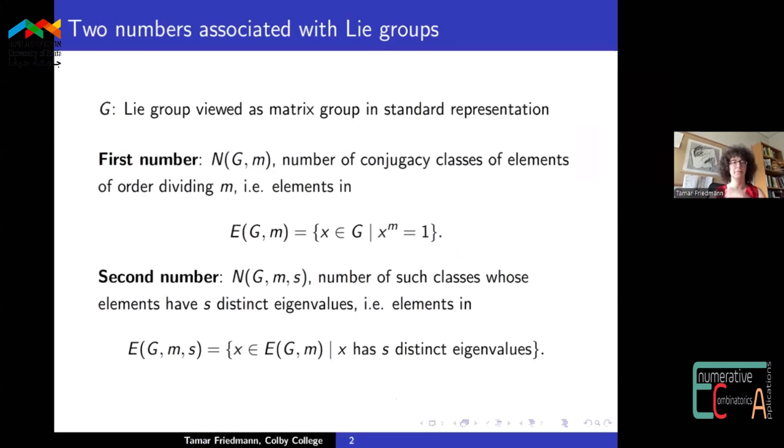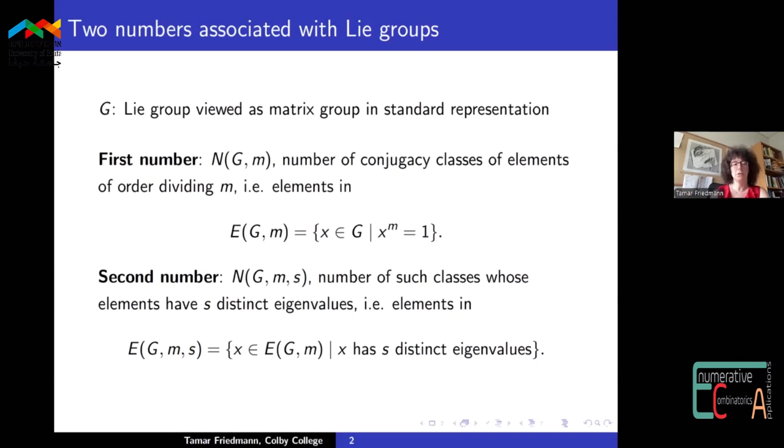Yes, it's okay. So I'm going to talk about two numbers that are associated with Lie groups. And for these purposes, think of them as matrix groups in the standard representation, which is the smallest faithful representation they have.